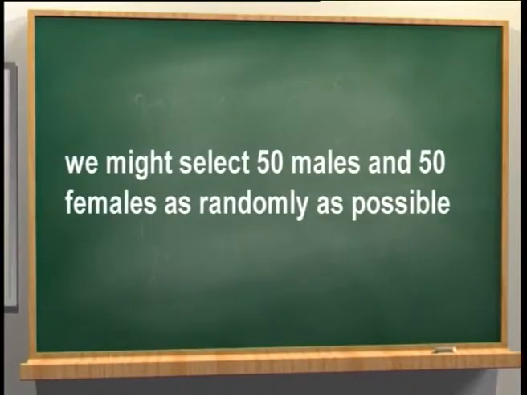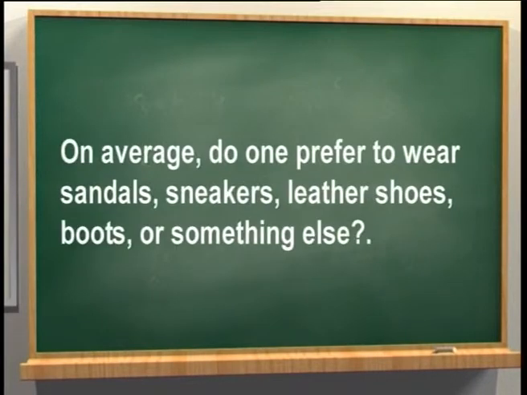For example, if you wanted to know if there is any relationship between the gender of Indian college students at a particular university and their footwear preferences, we might select 50 males and 50 females as randomly as possible and ask them, on average, do they prefer to wear sandals, sneakers, leather shoes, boots or something else? In this example, our independent variable is gender.